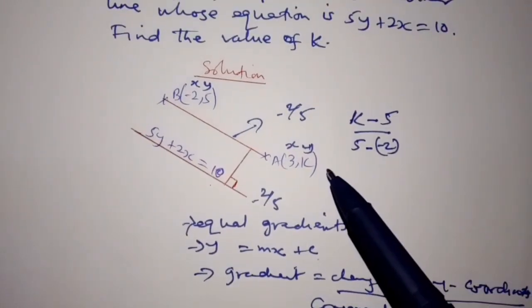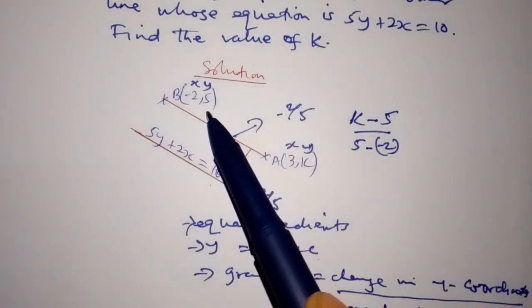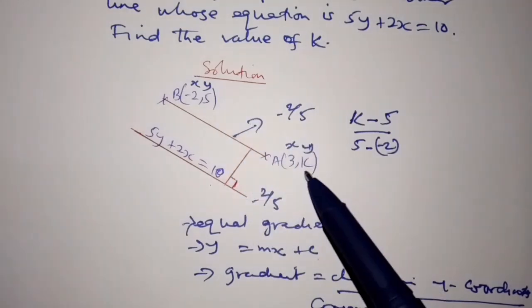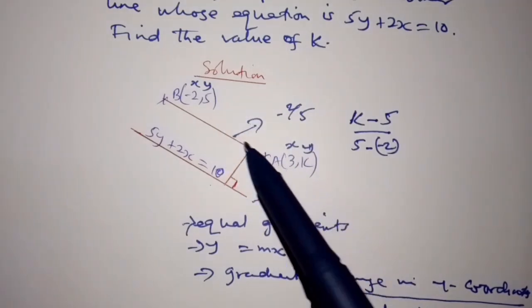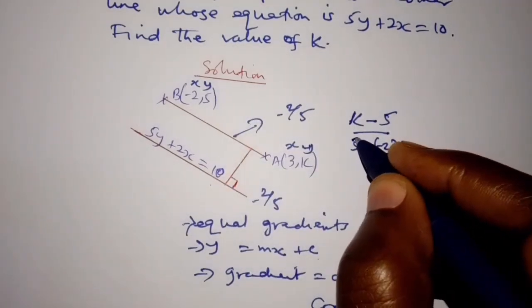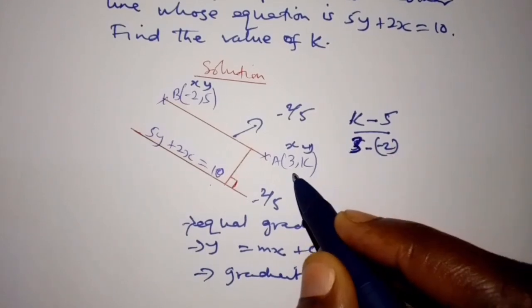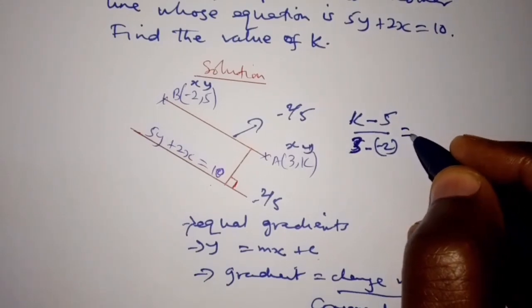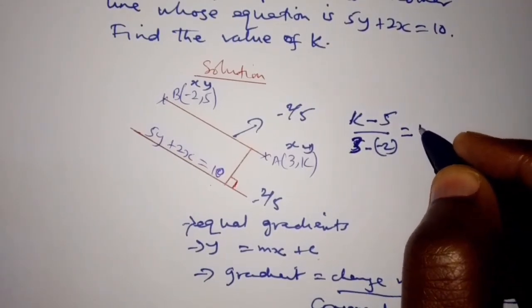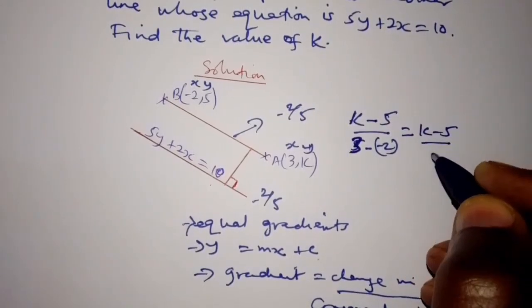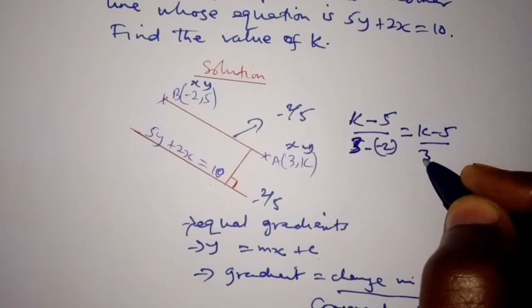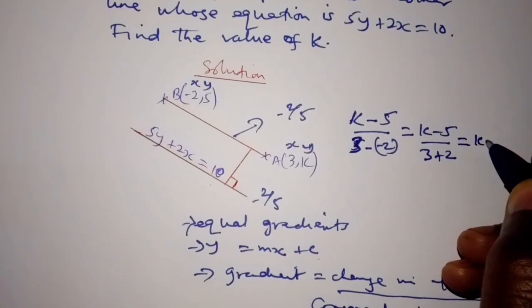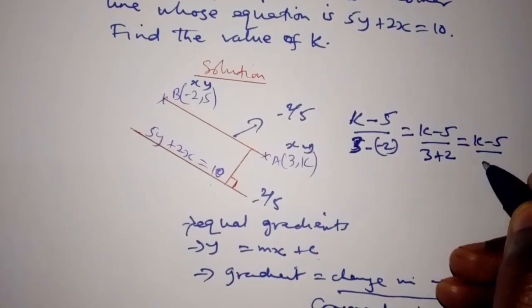So it is k minus 5 over 3 minus negative 2, which is k minus 5 over 3 plus 2, giving us k minus 5 over 5.